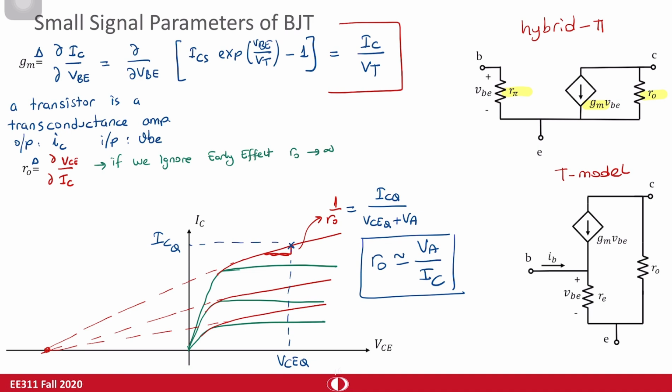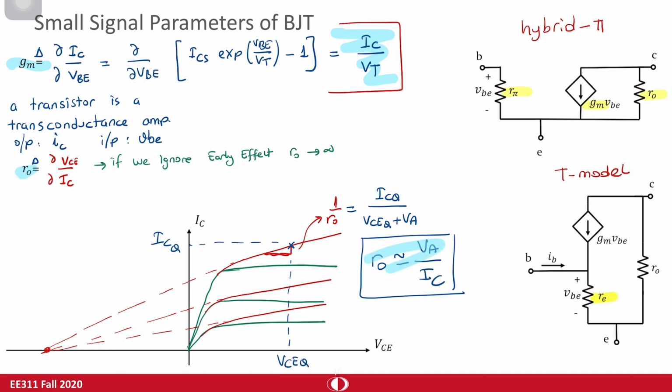Now I have two unknowns. One of them is Rπ, and I need RE if I want to use the T model. Let's highlight it as well. We need to find it if I'm going to use the T model. So GM is right now found.